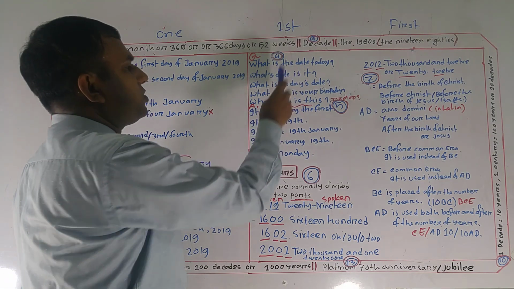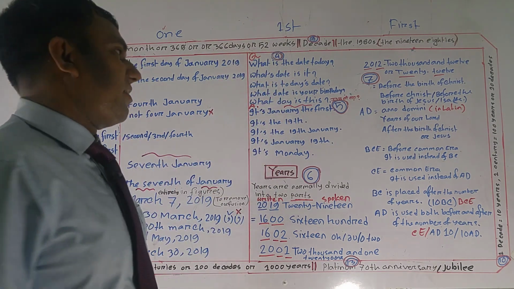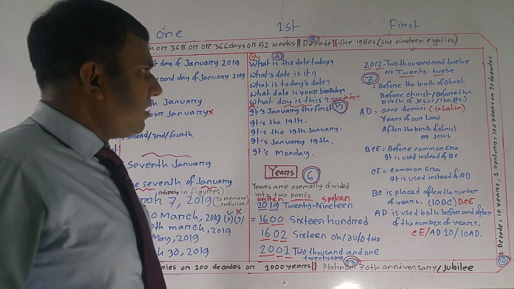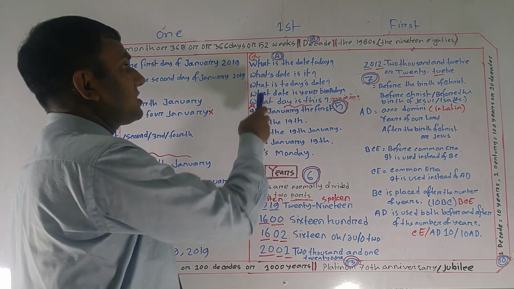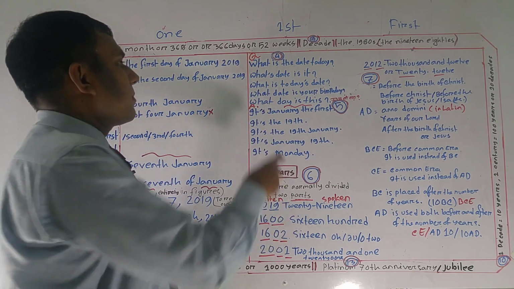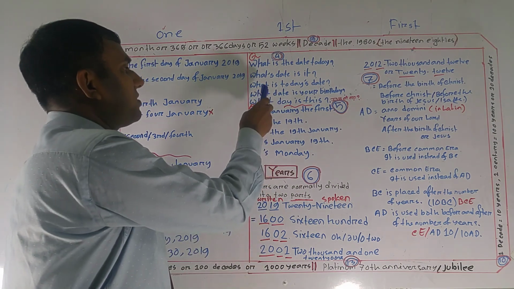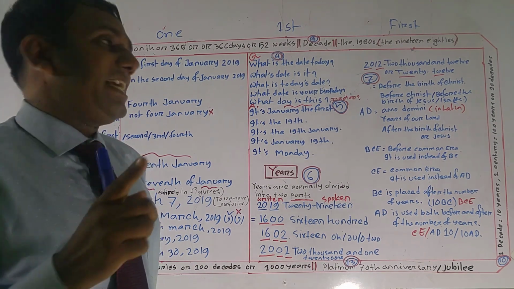What's the date today? Second, what date is it? Again, first, what's the date today? Second, what date is it? Third, what is today's date?